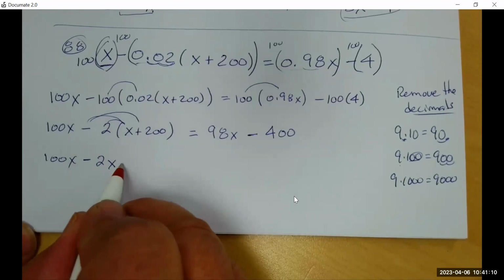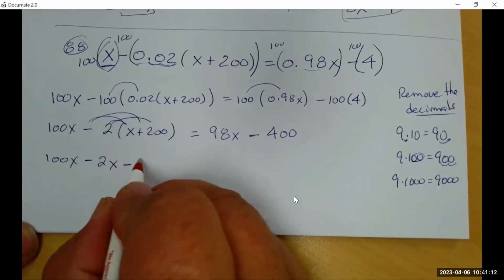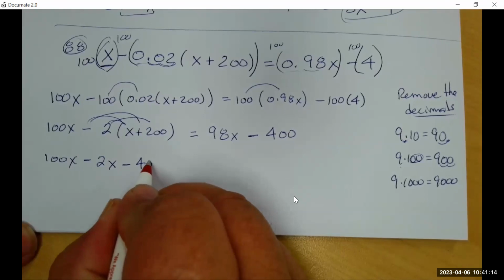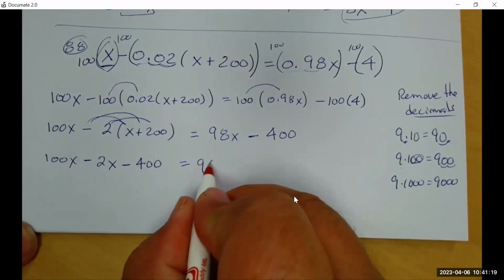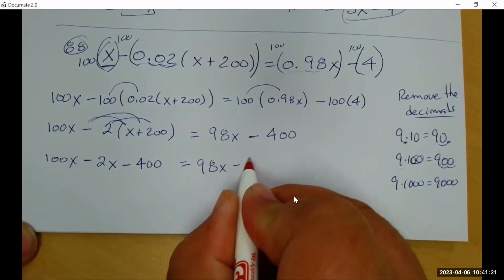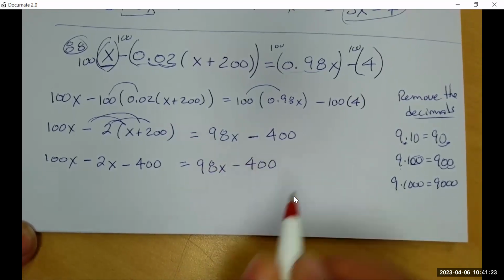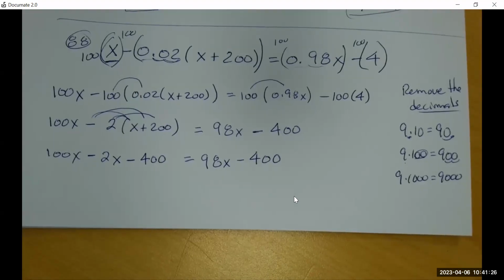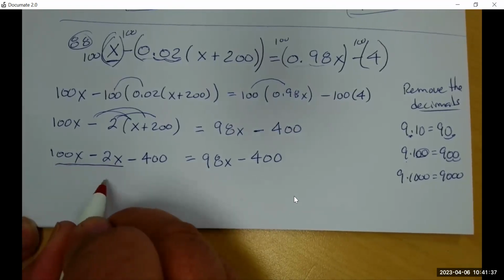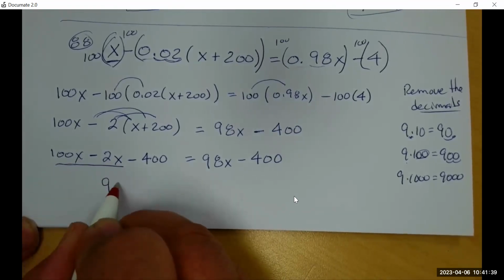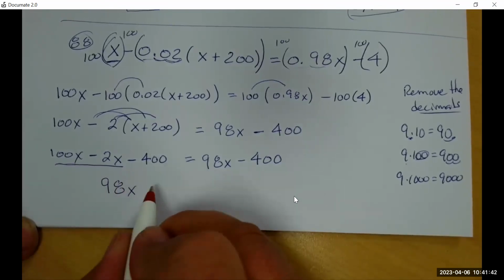Negative times positive is negative. 2 times 200 is 400. And you divide 100 and 2x. So it's 98x.